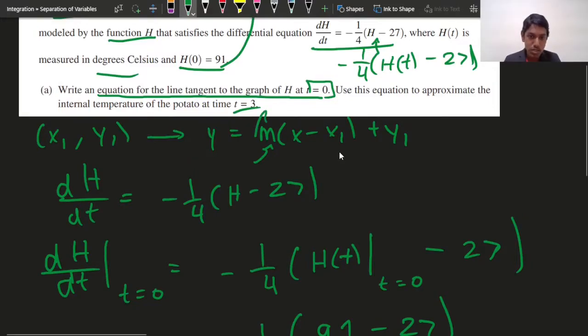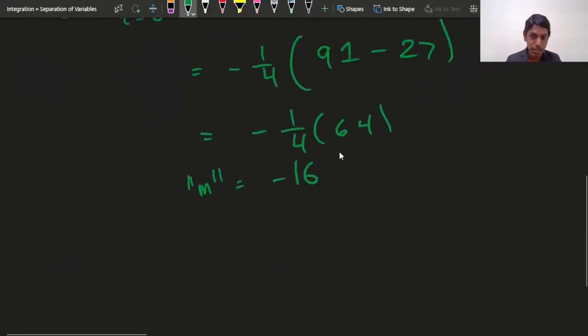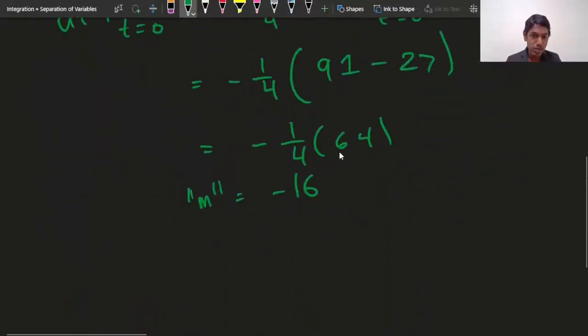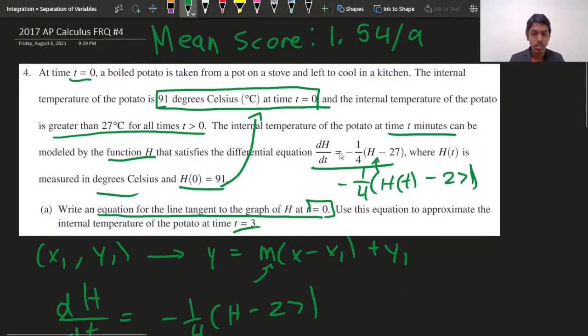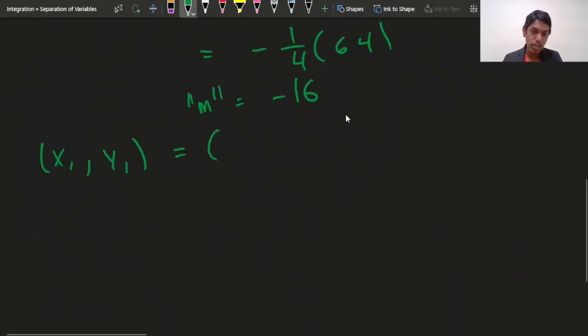So m is our slope. We know what m is. It's minus 16, and now we've just gotta sort out what x1 comma y1 is. So that's the point of tangency to our tangent line, and in this case they just give us what that is, right? So h of 0 is 91. So our x, well, really it's t and h for our situation, but it's going to be 0 comma 91.